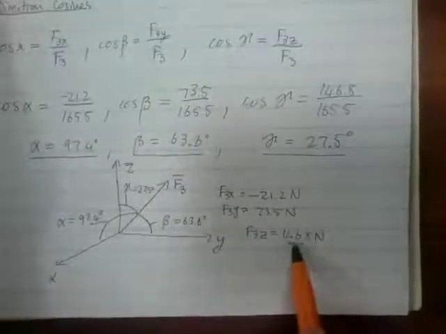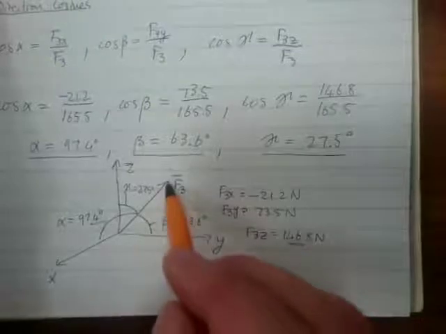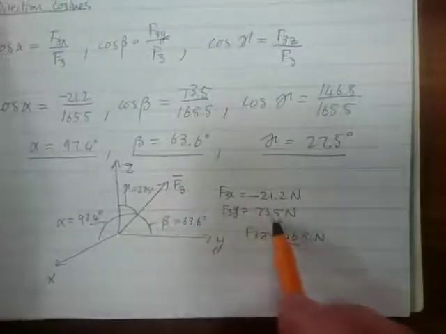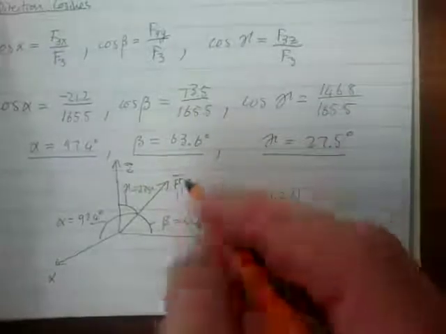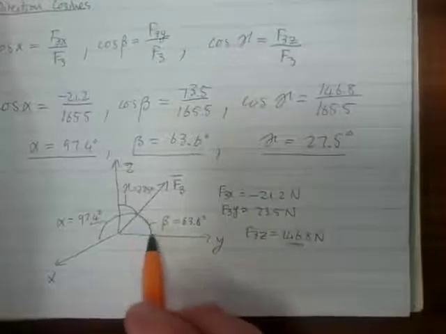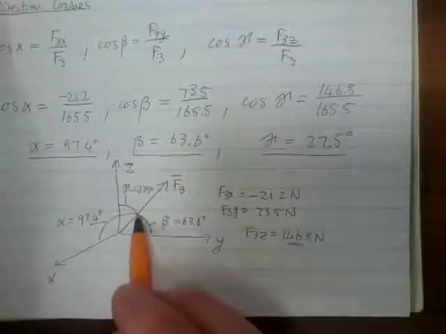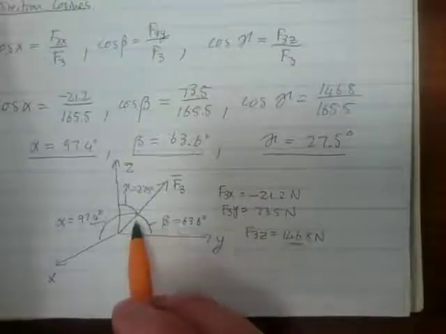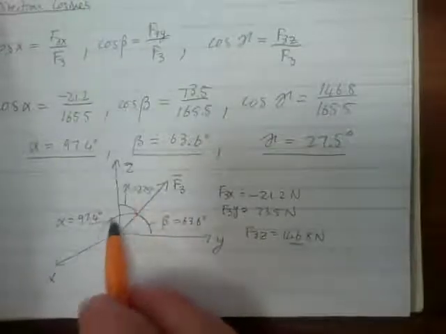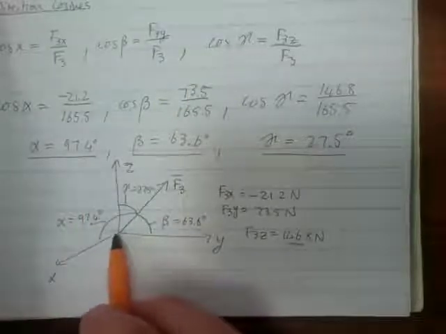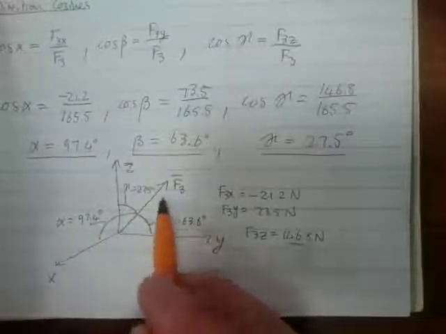It's a positive number. Is my z value positive? Yes. My F3y, is that in the positive direction? Yes, because my angle is less than 90 degrees. If beta was more than 90 degrees, then this force would be on that side, and it would give me a negative y component.